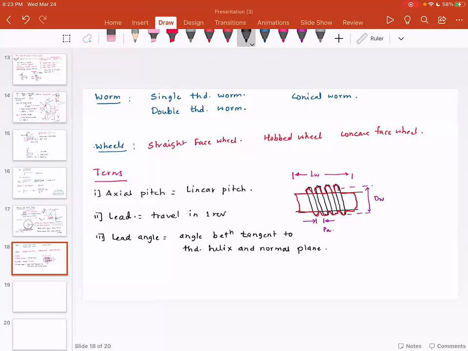And if you look at the equation, you will see tan lambda is equal to lead divided by PCT.